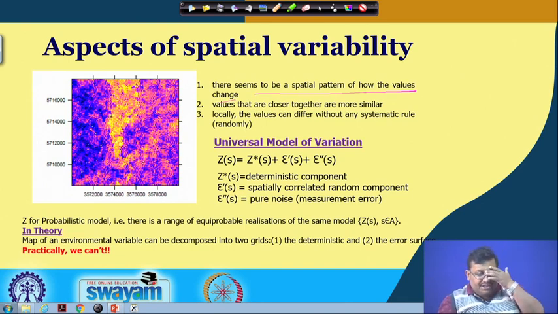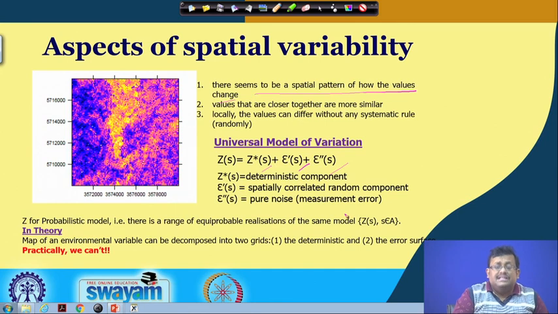Any spatial distribution of an environmental variable can be represented by the universal model of variation, and this universal model of variation takes this form, where Z(s) is the value of a particular variable at a particular location, which can be decomposed into three parts. One is called the deterministic component, then the spatially correlated stochastic or random component, and the third one is pure noise, which is basically measurement error.